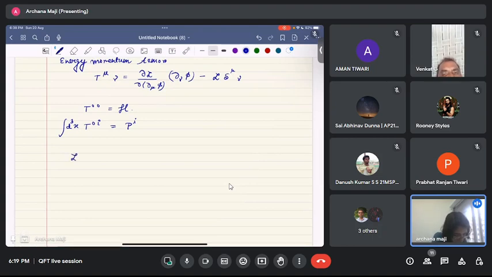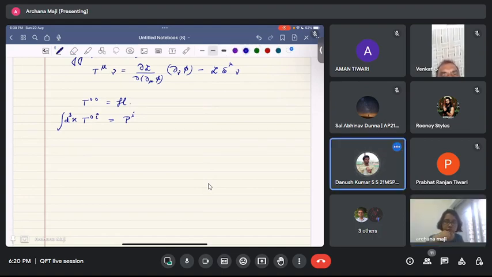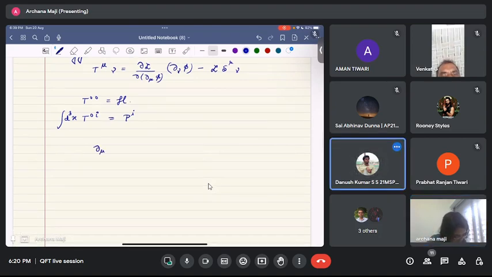So what was the Lagrangian, the Klein-Gordon Lagrangian? Can someone say? Because we did so many things with the Klein-Gordon Lagrangian, you should know by now what the Lagrangian is. The equation is box phi plus m squared phi equal to 0. Yeah, so that is the Lagrangian.